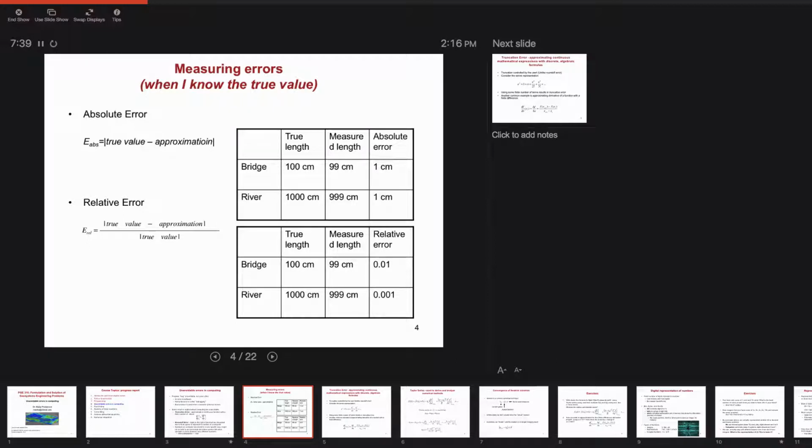Does that make sense? So technically, if you want to compare different measurements against each other, sometimes a bridge is 100 centimeters wide. That's a small bridge, but anyway, it's over a creek. But sometimes bridges are over a creek, and sometimes bridges are over the Colorado River.